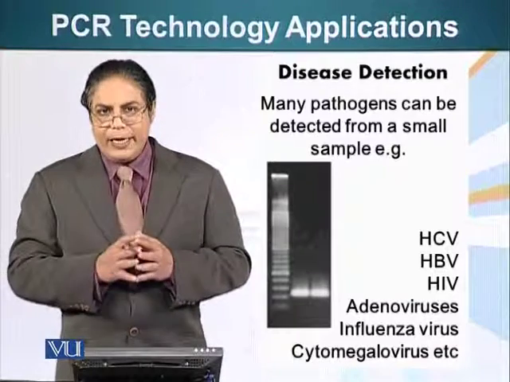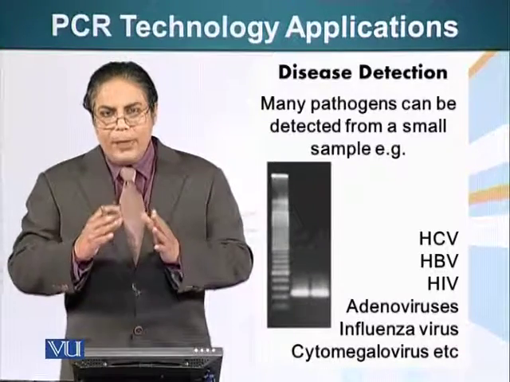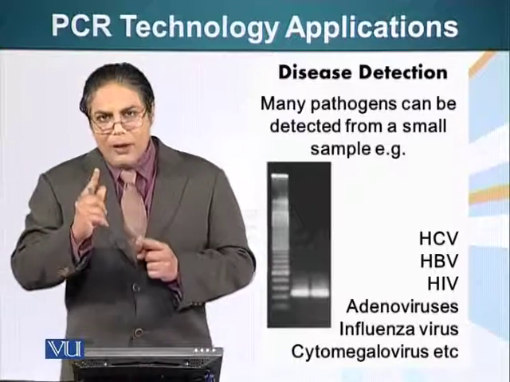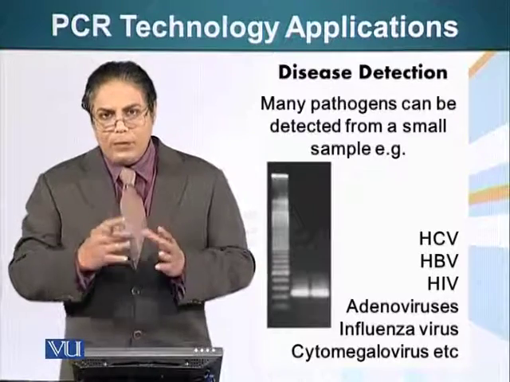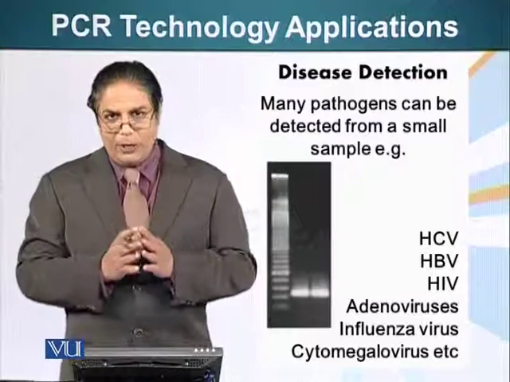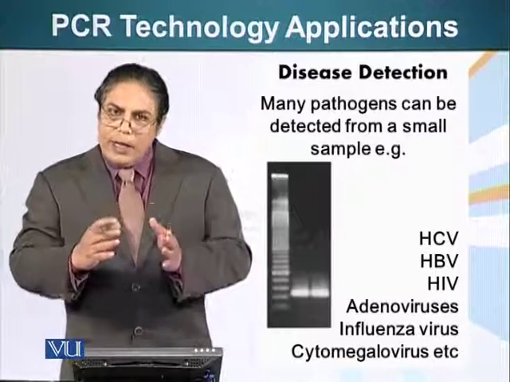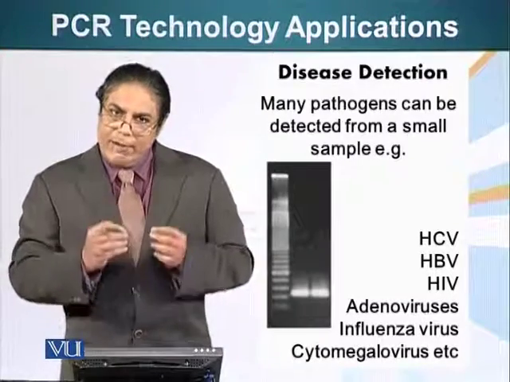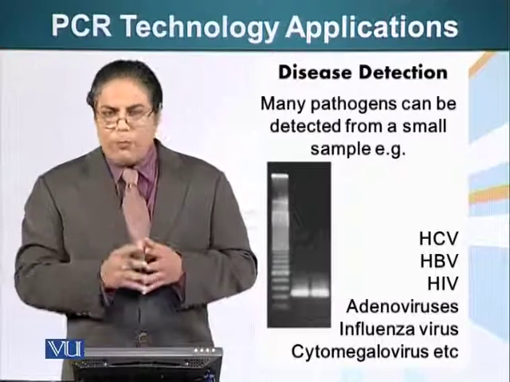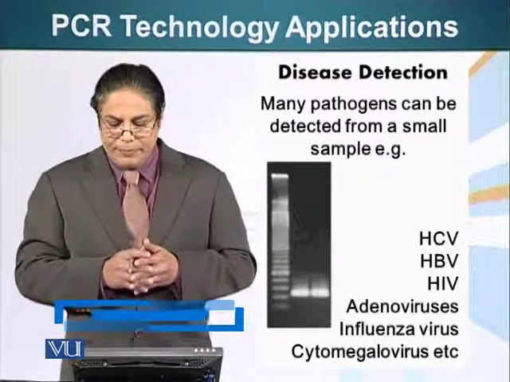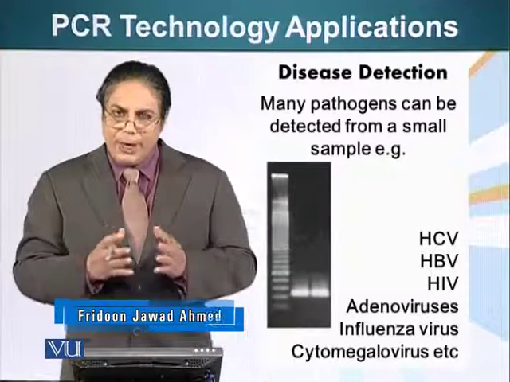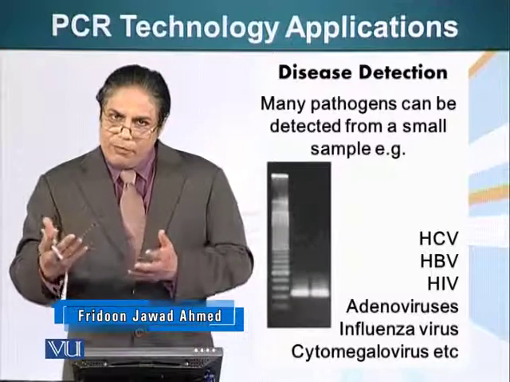The power of this technique, PCR technology, is that we can amplify one strand of DNA and make billions of copies of that particular strand. And it is easy to detect even very low amounts of pathogen which are present in the sample. Say, for example, a patient has a virus in the blood.